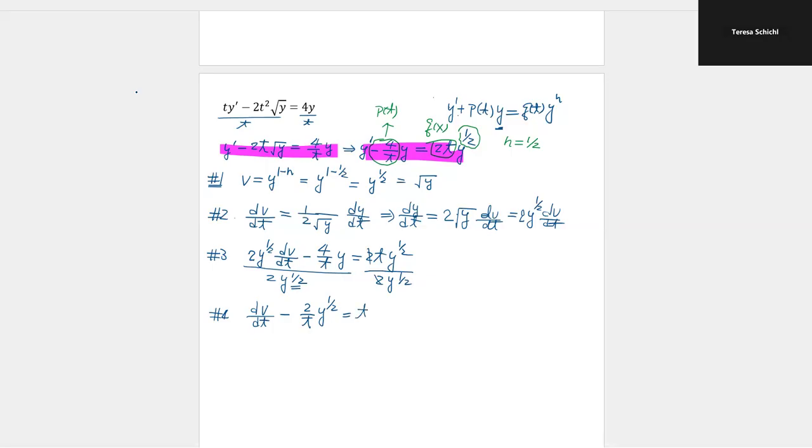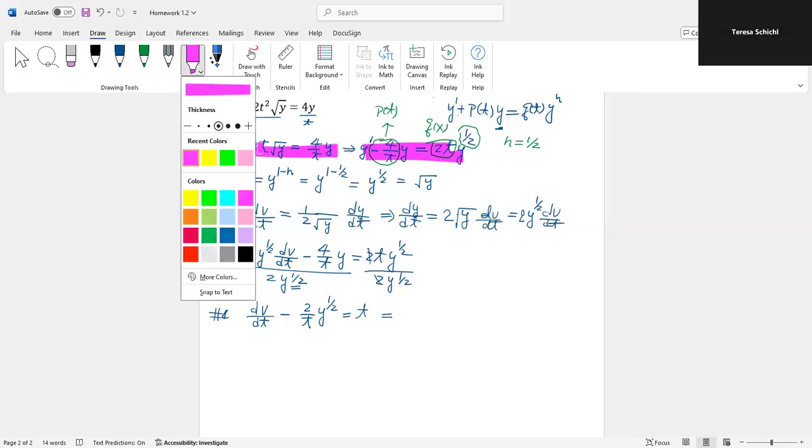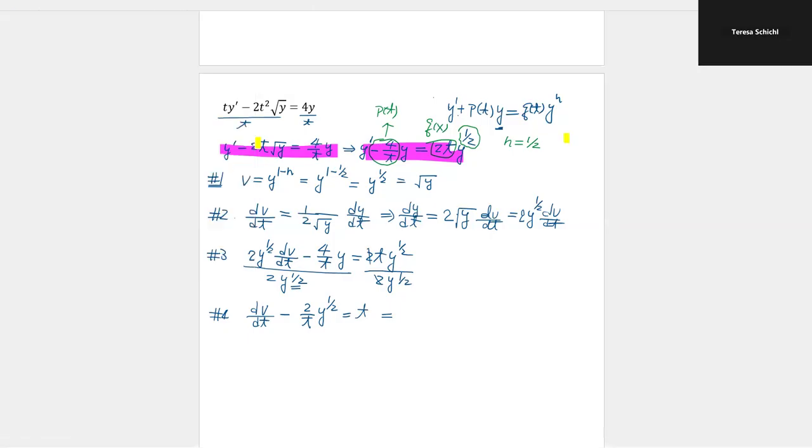Then the last steps here, because I know my v's here, v is equal to the square root of y.